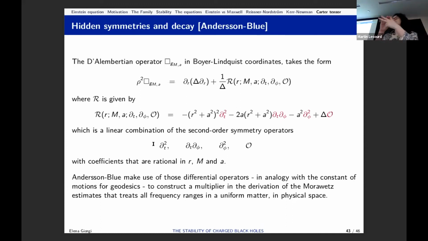These are coming from simply twice taking a Killing vector field, and then the fourth one is this O, this modified Laplacian. And so they use these differential operators to construct a multiplier in the derivation of Morawetz estimates that treats all frequency ranges. In fact, there's no use of frequency, as opposed to the frequency analysis that lets the d_t transform into an omega, the d_phi into an m, and the O correspond to the capital Lambda, the separation constant.